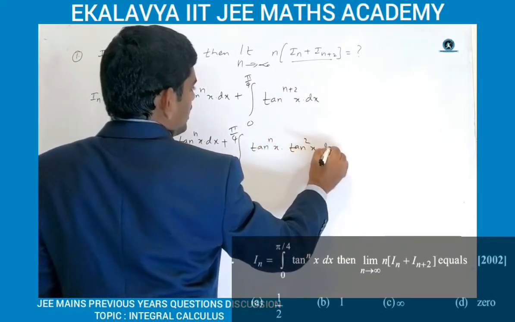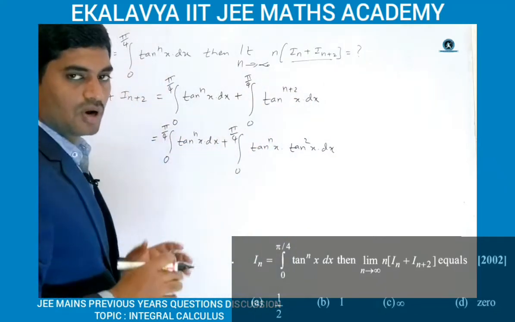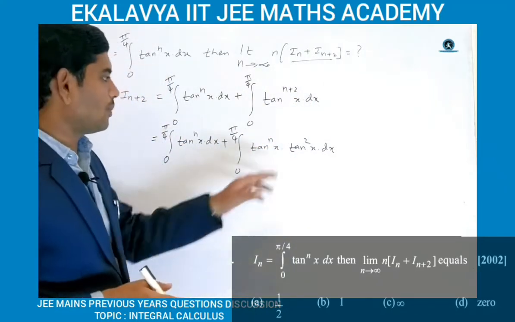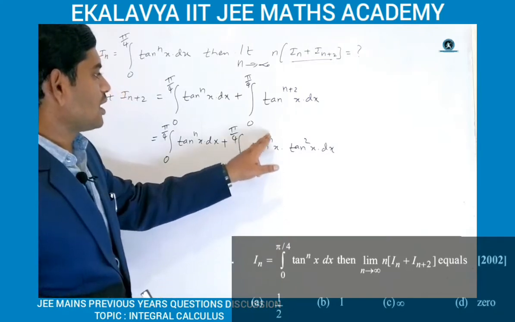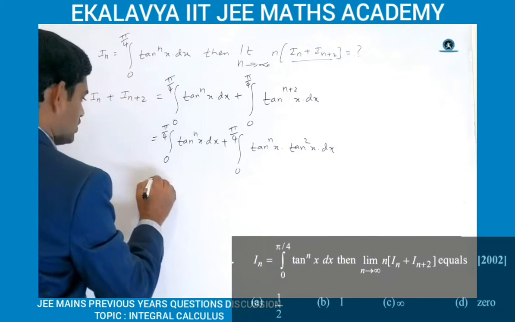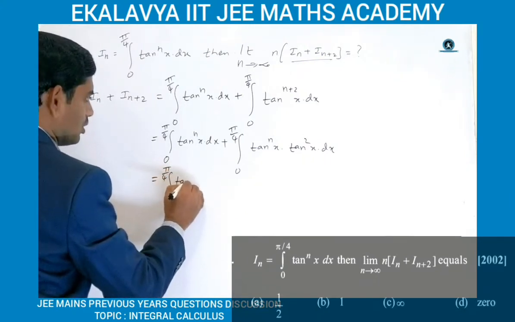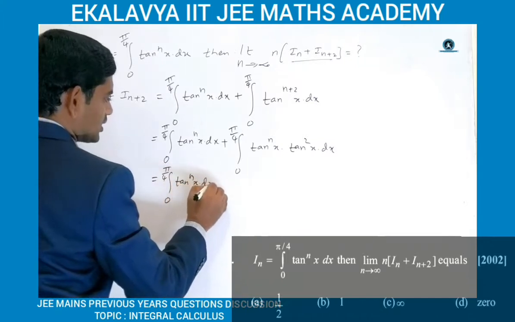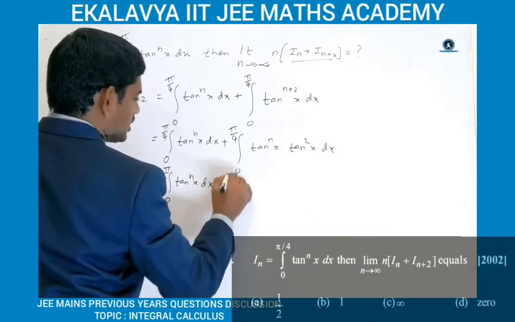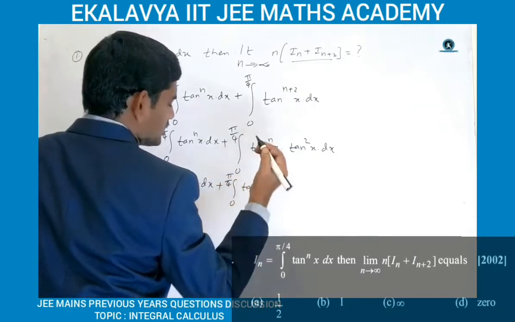which is in the form of a power m plus n. A power m plus n is equal to a power m into a power n. I wrote here tan power n x into tan square x dx. Now which is equal to integration of 0 to pi by 4 tan power n x dx plus integration of 0 to pi by 4 this tan power n x as it is.